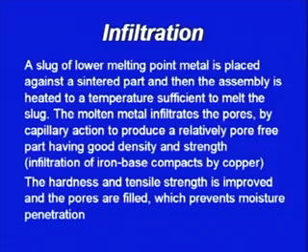One advantage of infiltration is that sometimes a product made by powder metallurgy has to be used in certain pressing environments where moisture can enter the pores and cause corrosion. So in order to avoid that corrosion, and the entry of moisture into the pores of the powder metallurgy part, we can preempt the problem and fill the pores with another metal which does not react with the metal out of which the powder metallurgy part has been made.